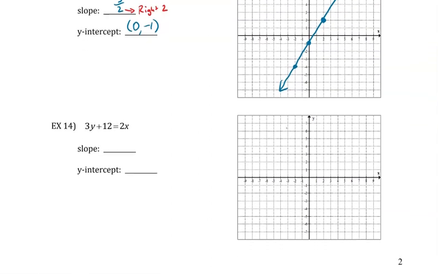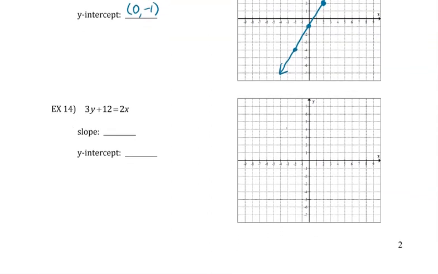All right, let's look at number 14. For number 14, the biggest difference right away is that y is not solved for. So down here, first thing we're going to do is solve for y. To do that, the first thing we're going to move is this constant to the other side. So we get 3y = 2x - 12.